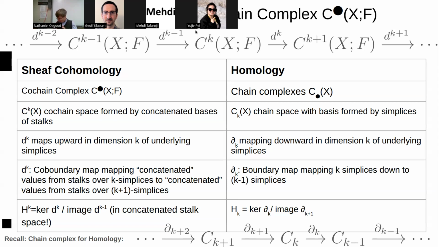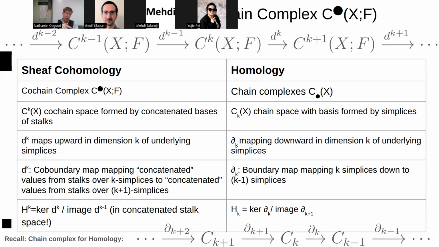To say that again, for sheaf cohomology, for both chain complexes and cochain complexes, we have vector spaces C for k. For homology, where we have chain complexes, those vector spaces have a basis given by the simplices of dimension k. There's one entry in that vector for each of the simplices of dimension k.